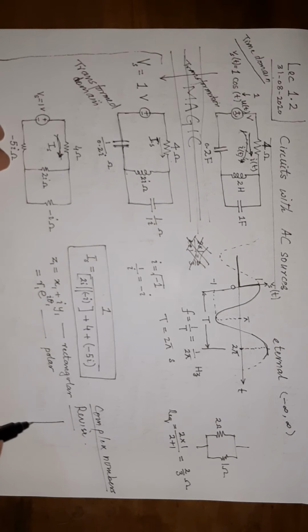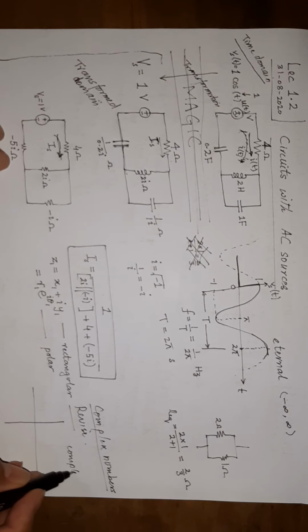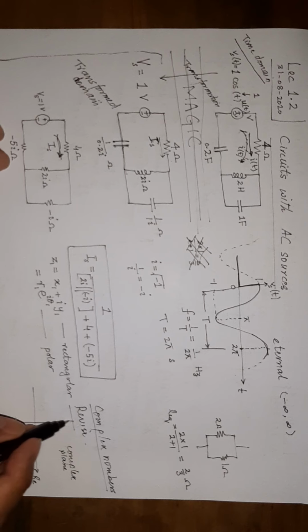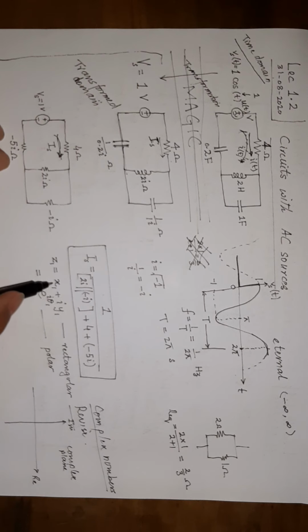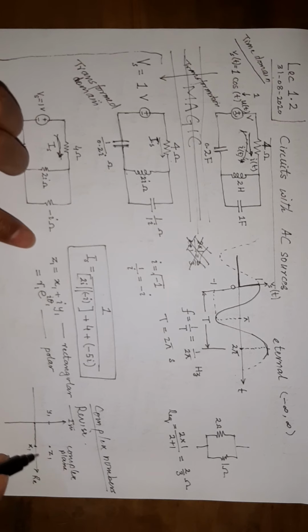Remember, I hope you still remember this complex plane. This is the real axis and this is the imaginary axis. The iota values come here on the y-axis and the x-axis is used for real values. So this is a real value x1. If x1 is positive, and if y1 is positive, say this is y1, then this point in the complex plane is this z1.